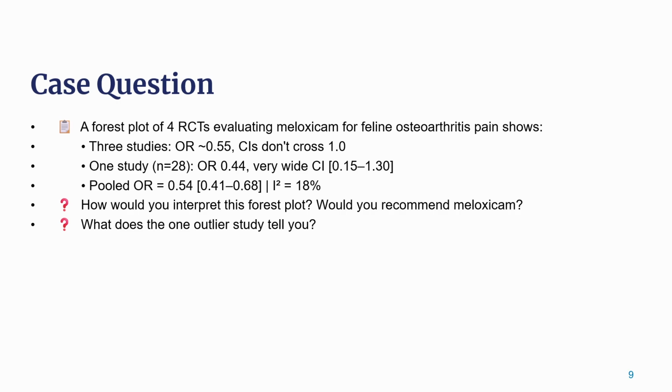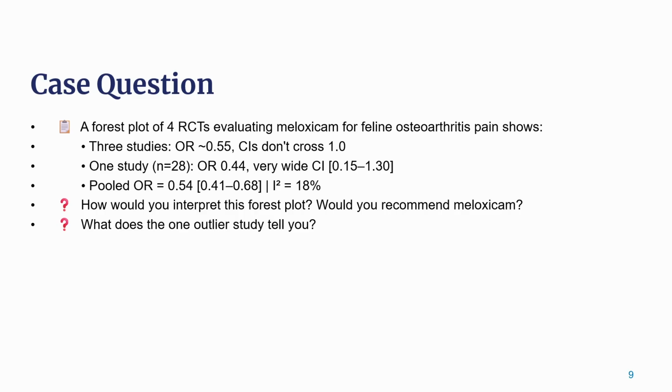The pooled OR is 0.54, meaning meloxicam approximately halves the odds of persistent pain compared to control. The CI is 0.41 to 0.68, doesn't cross 1, and I-squared is 18%, which is low. The studies are consistent. Interpretation: this is a coherent body of evidence supporting meloxicam for feline OA pain.